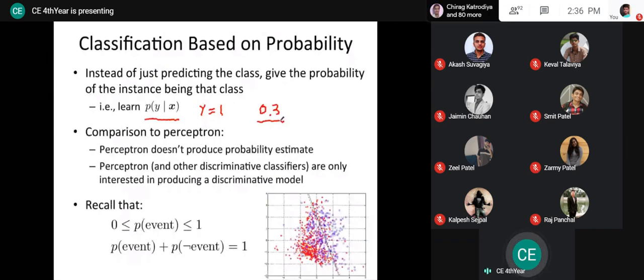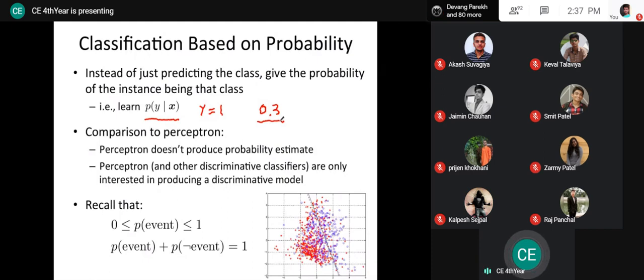So let's say whenever you are predicting some answer given some x values, your answer might be some value which is between 0 to 1. So let's say that value is 0.3. So the meaning of this 0.3 is the class label is y, which is equals to 1. You can say the class label is 1 with 0.3 probability.